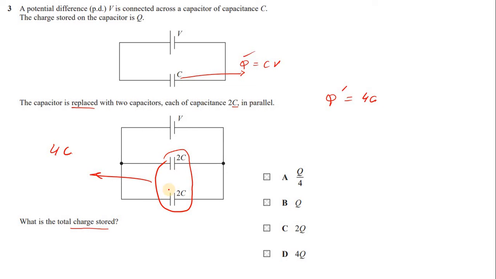Both capacitors are in parallel with the power supply, so the voltage will be the same, V. Of course, CV is the Q. So 4Q. So Q dash, the new charge stored, will be 4 times the original charge. So the option is D.